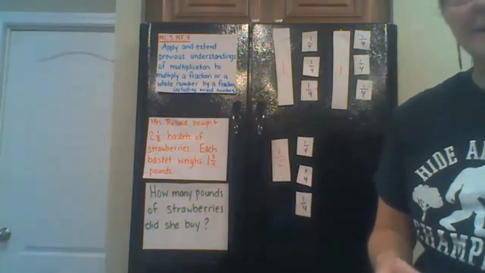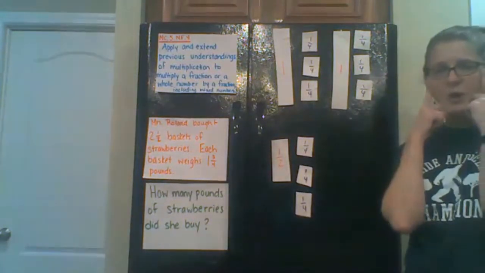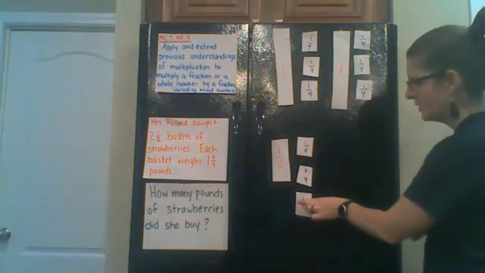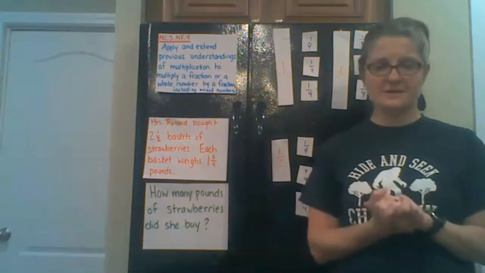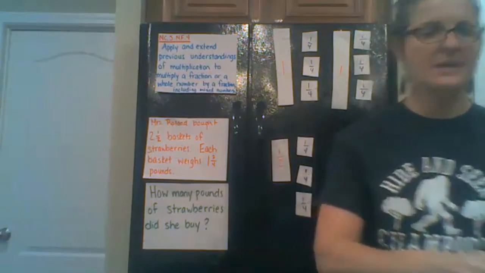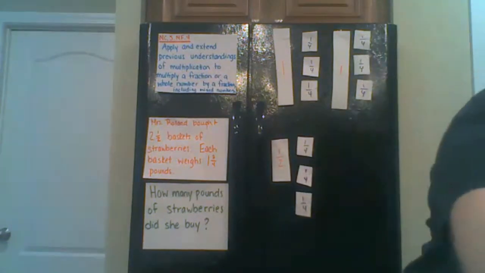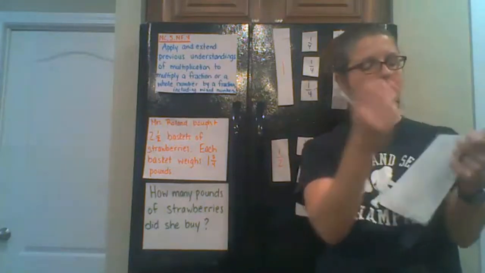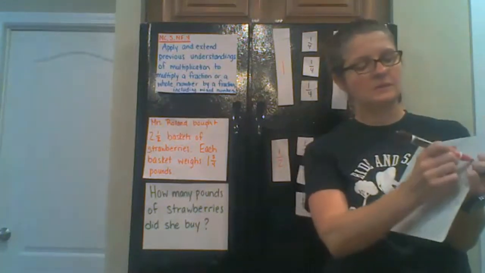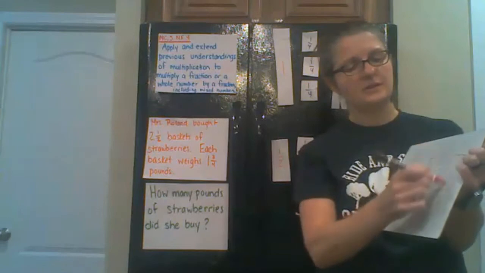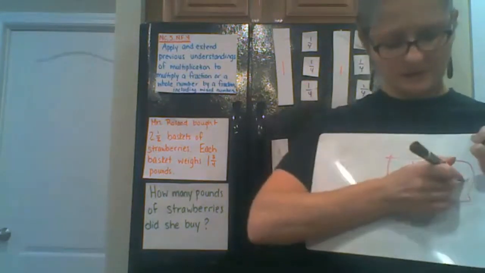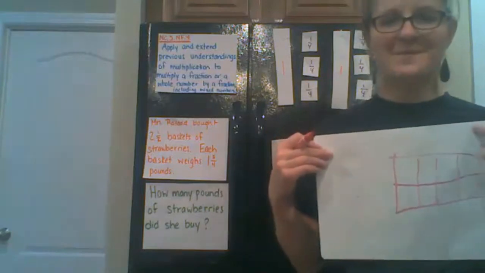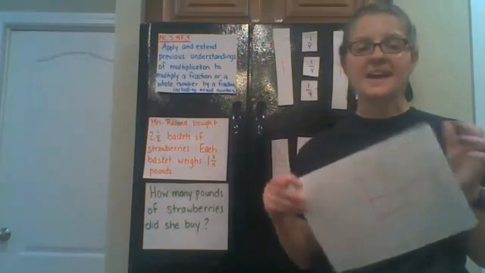Now, as I think about how to half them, I have to think, what are they worth? So if I cut a fourth into 2 parts, how much would it be? So let's look at that. Okay, so if I cut fourths into 2 parts, what would that be? It would be eighths.